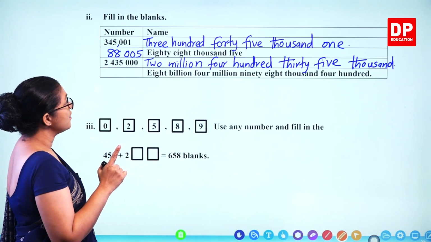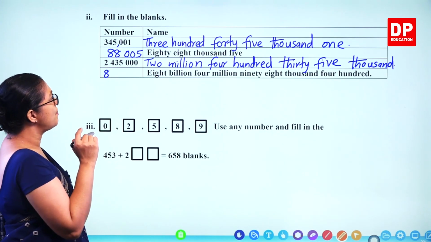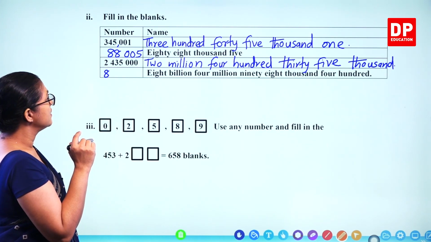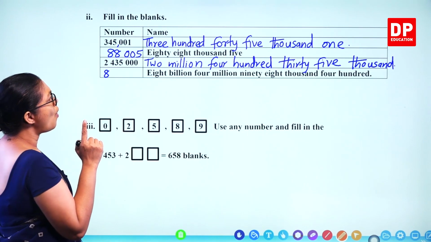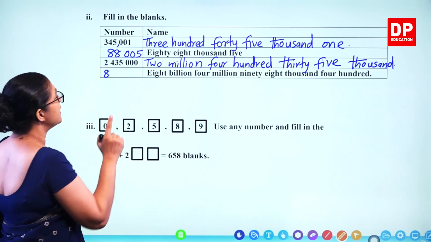Then you have to write down this number. 8 billion. 4 million.